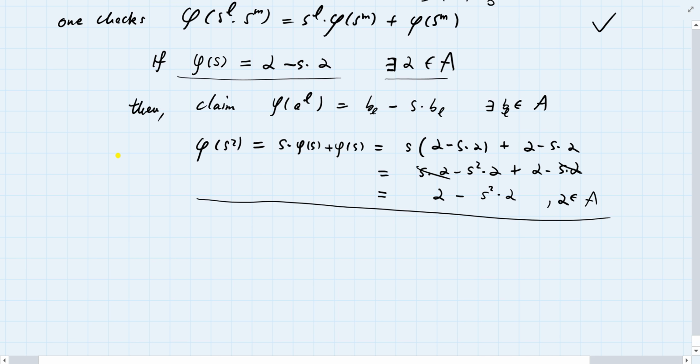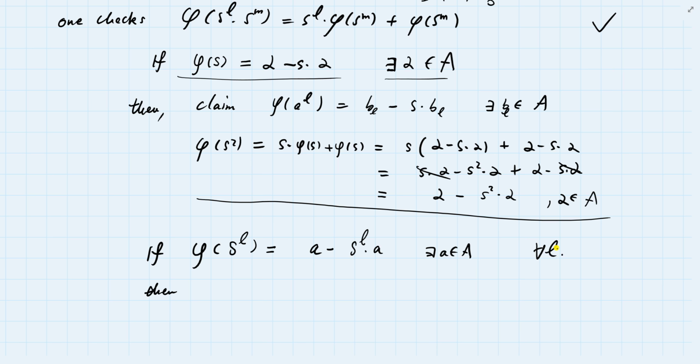Okay, so what does this mean? If phi s an element equals some a, any L, yes, this alpha must be the same.